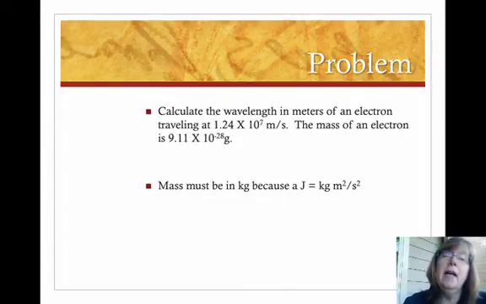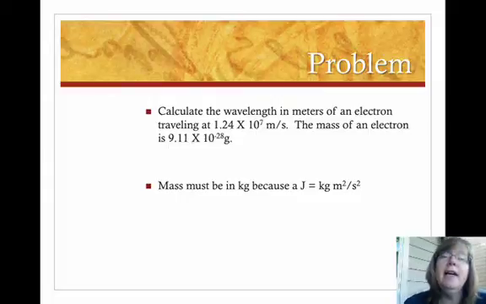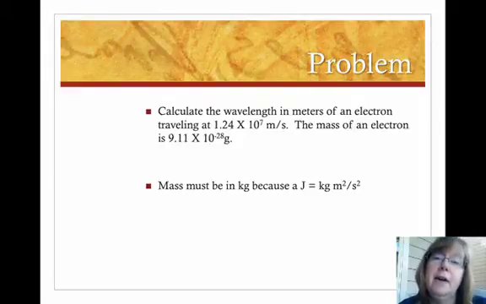Now, Planck's constant is in joules times seconds, and a joule is equal to a kilogram meter squared per second squared. And because we have got to have our units cancel out, we need all of our masses to be in kilograms to match the kilogram that's in the joule in Planck's constant.